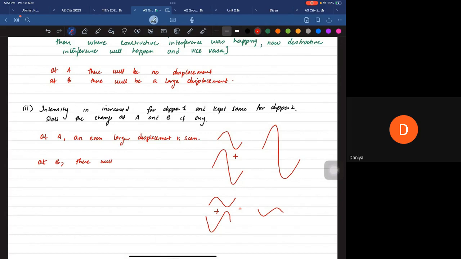So at B, there will be some displacement. Now it will not cancel out the whole wave completely, as waves do not cancel each other completely. Is it clear? Yes.